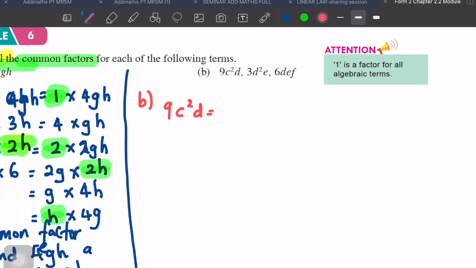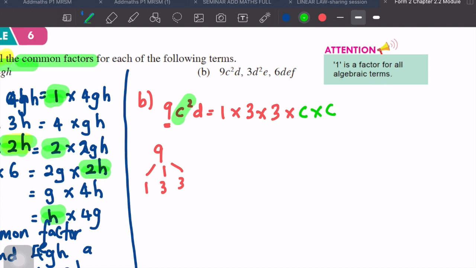To make it easier, we try to find the factors of 9 using prime factors. We know 1 must be there, times 3 times 3, because the prime factors of 9 are 3 and 3. Then look at c square: factorizing, we get c times c.